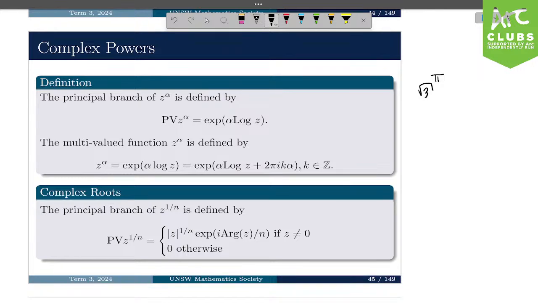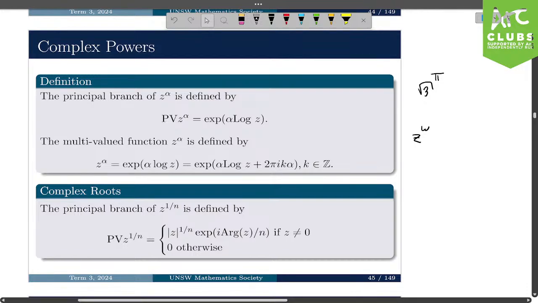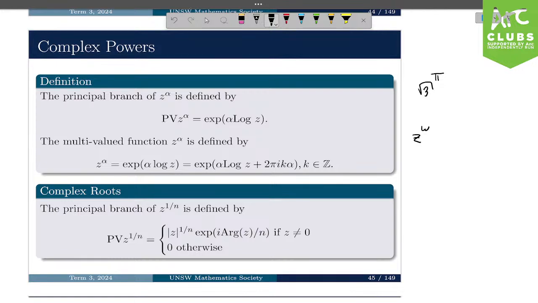But again, we run into this issue where z to the w is not actually always going to be a bijective function. So we have to define a particular branch of the function z to the a, which is what we call the principal value of this exponent.